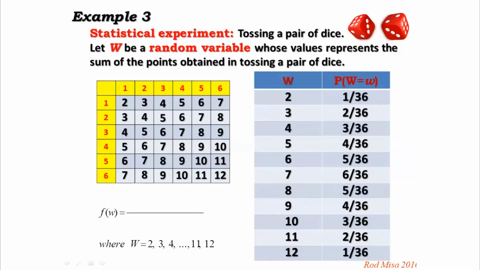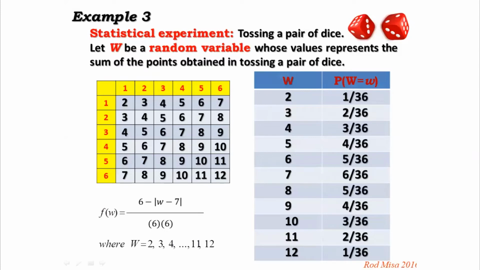And you must be clever enough to create a function that describes the probability for each value of the random variable. And the formula is 6 minus the absolute value of W minus 7, divided by 6 times 6.